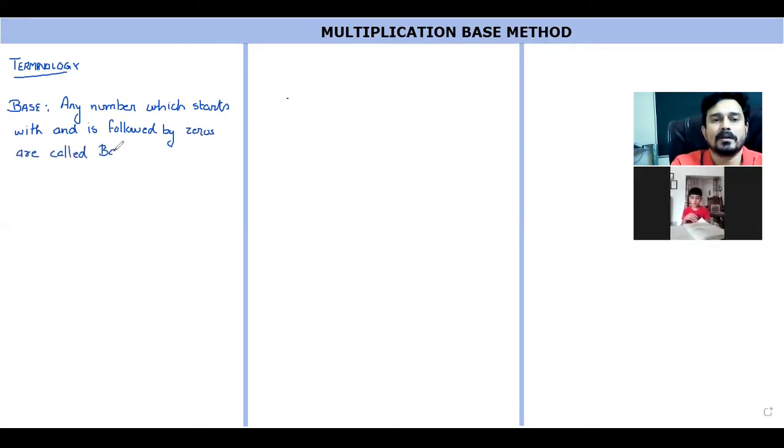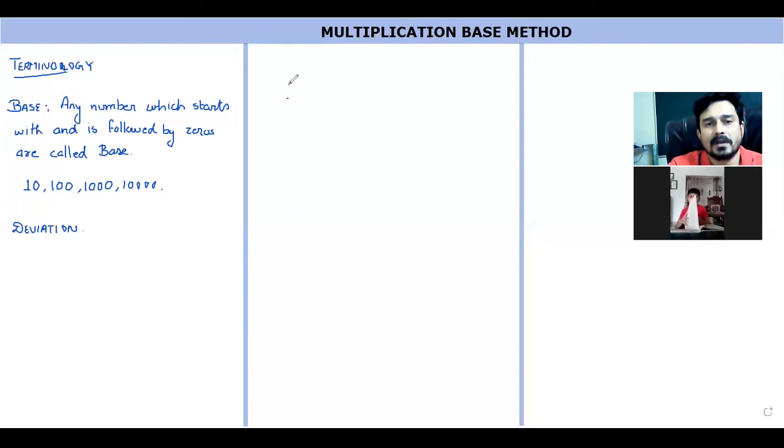Okay, so the number which begins with 1 and is followed by 0, like 10, 100, 1000, 10,000, these are bases. These are called bases. And the second term which we are going to use frequently is deviation.